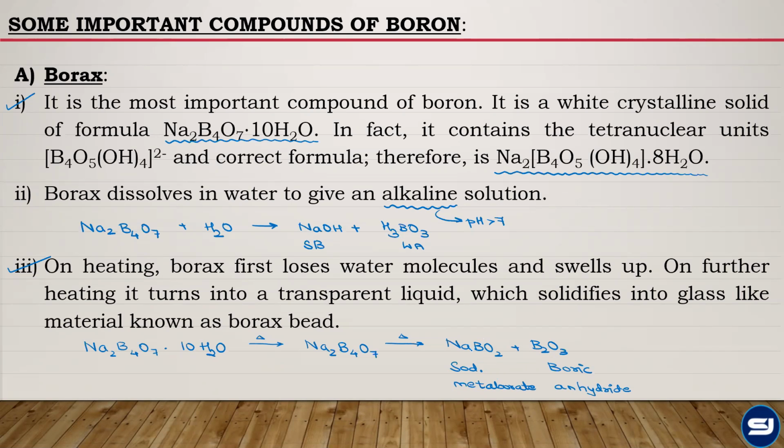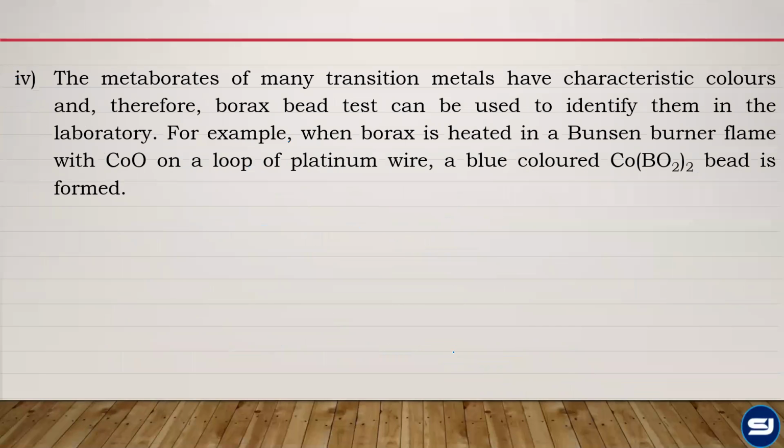And this NaBO2 can be used in the testing of the transition metal. अब क्या होता है, जो मेटाबोरेट्स बनते हैं उसमें एक स्पेसिफिक कलर होता है, उस कलर के थ्रू ट्रांजिशन मेटल कुड बी आइडेंटिफाइड. जैसे कोबाल्ट ऑक्साइड when heated with the NaBO2, the sodium metaborate, it forms cobalt metaborate. अब कोबाल्ट मेटाबोरेट का फॉर्मूला कैसे लिखना है?